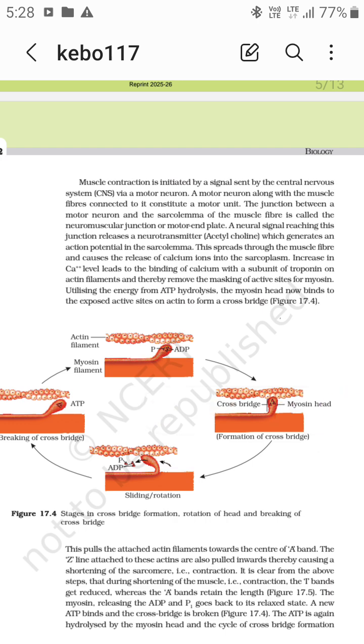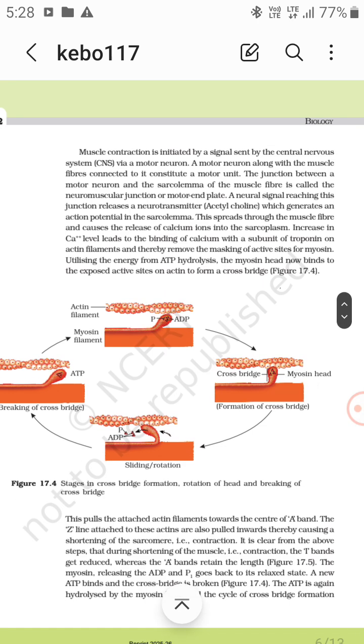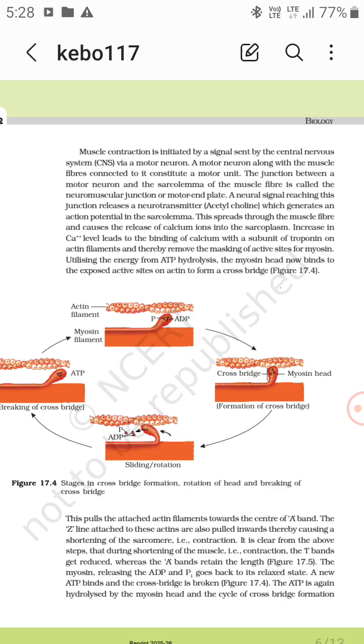The increase in calcium level leads to the binding of calcium with a subunit of troponin on actin filaments, and this removes the masking of active sites for myosin. Now ATP hydrolysis, that is, formation of cross bridge, gives inorganic phosphate and ADP.